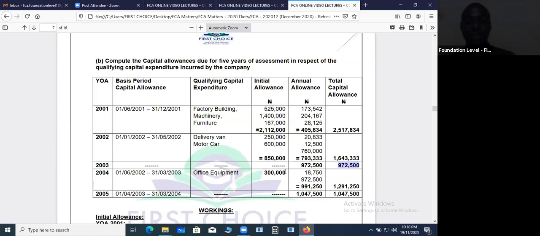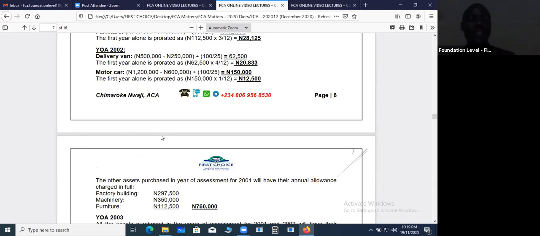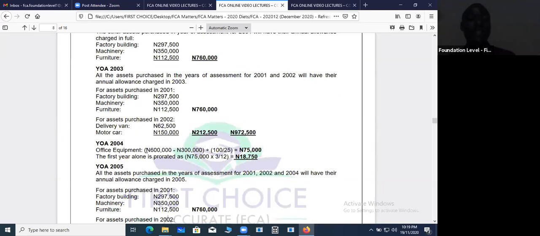Okay, then for that 4th year, we will calculate the annual allowance. The annual allowance is cost minus initial allowance divided by 4 years to give you 75,000. But since that's the first time you're using the asset, you prorate it and it gives you 18,750. And that's what we have here.